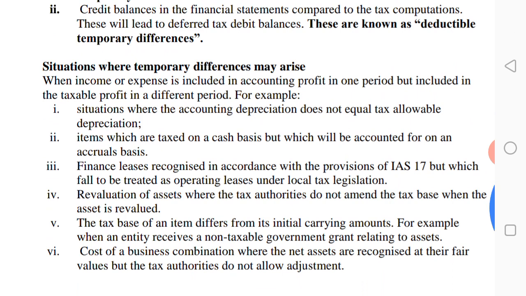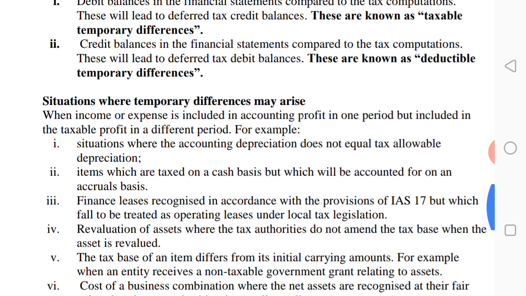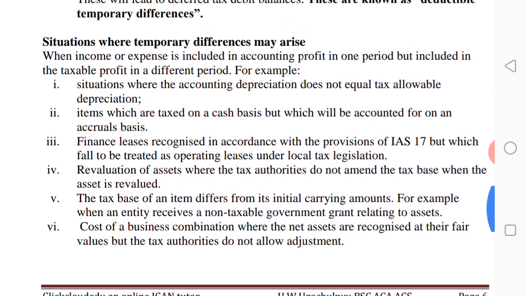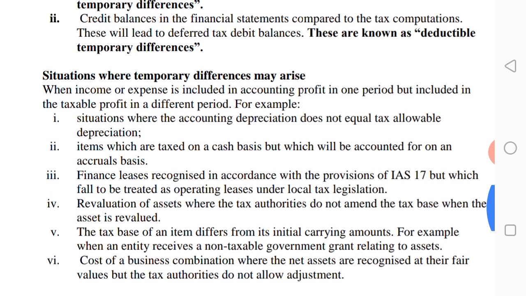Now let's talk about the situations where temporary difference may arise. It is in our exam, because this standard is one of those standards we must understand very, very well. Income tax. If they don't bring us a calculation, they may give us examples of areas whereby there will be temporary difference. There won't be deferred tax liability if there is no temporary difference.